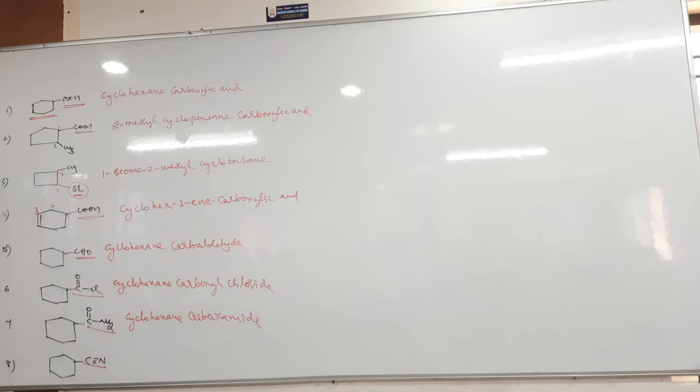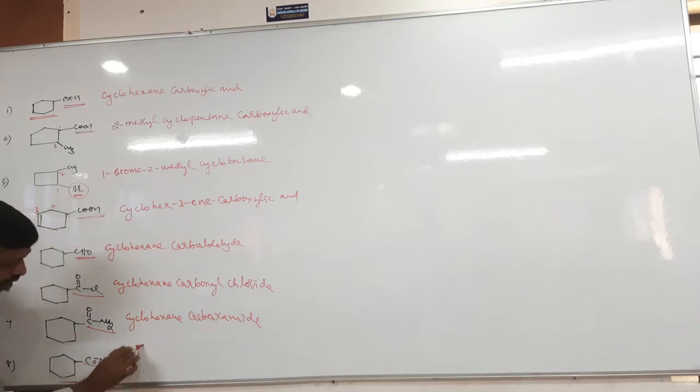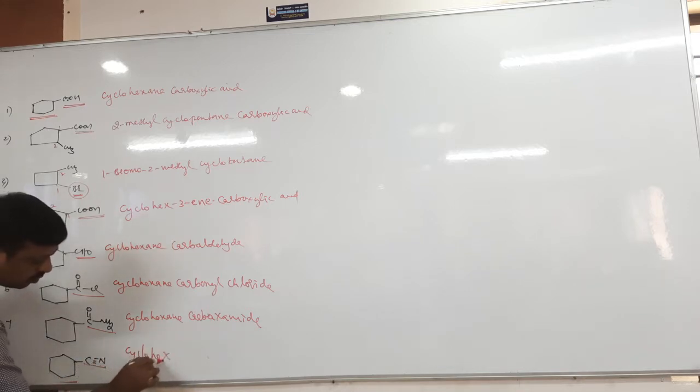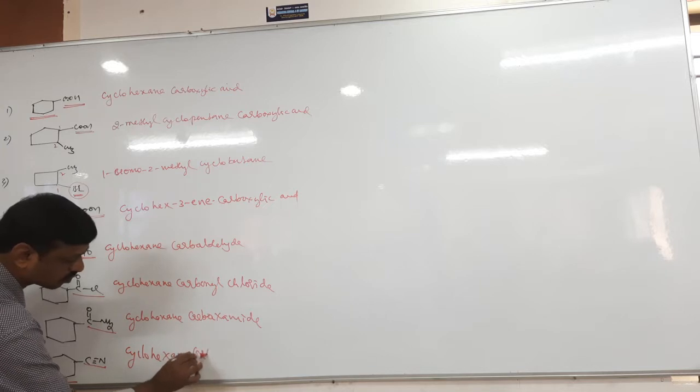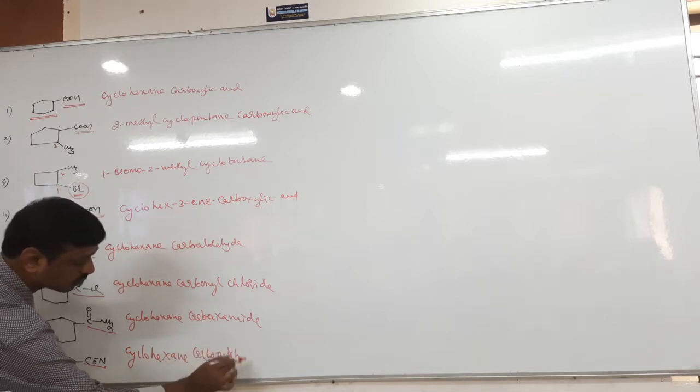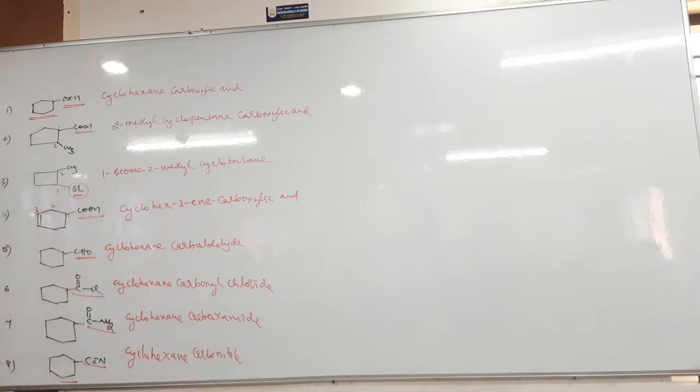When a cyanide group is directly attached to the cyclic ring, it is called carbonitrile. This is a carbonitrile. Which carbonitrile? Cyclohexane carbonitrile. So take some questions, do it later.